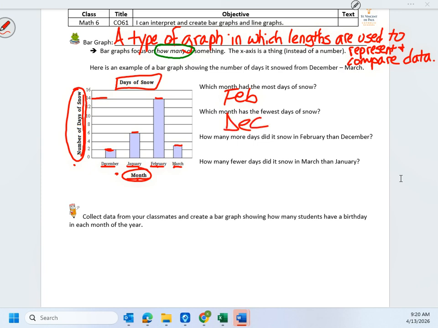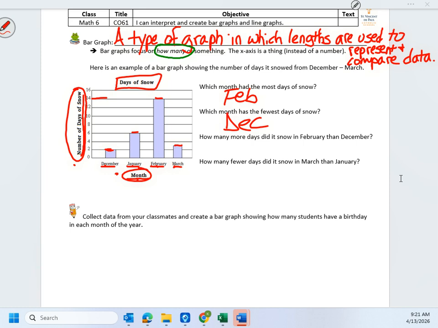So with the bar graph, it's a lot easier to answer our questions. It says, how many more days did it snow in February than in December? How would we solve that? I know my December bar and my February bar, but now it says, how many more days did it snow? What kind of math do I have to do?